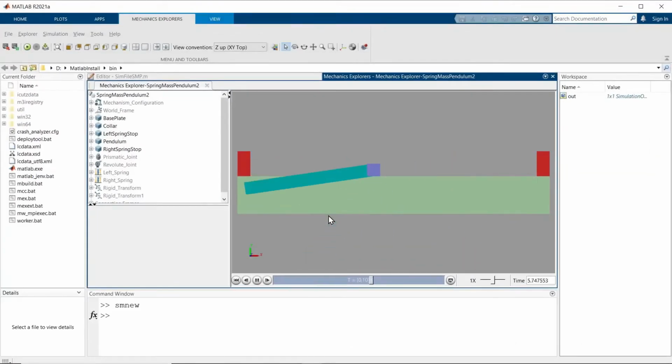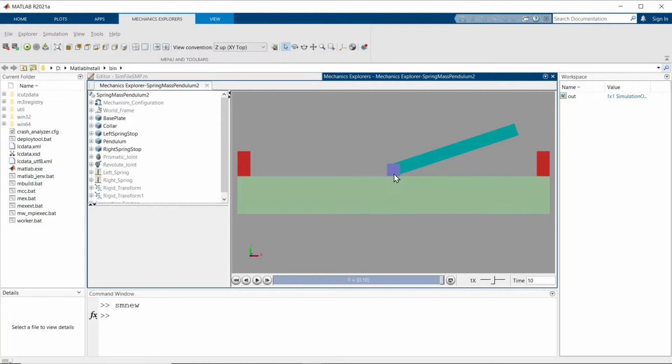Okay. So there you have it. That's the Simulink setup for a collar with a pendulum coming out of it. I realized that I need to make that taller, make this 0.2, so the springs are not at an angle.